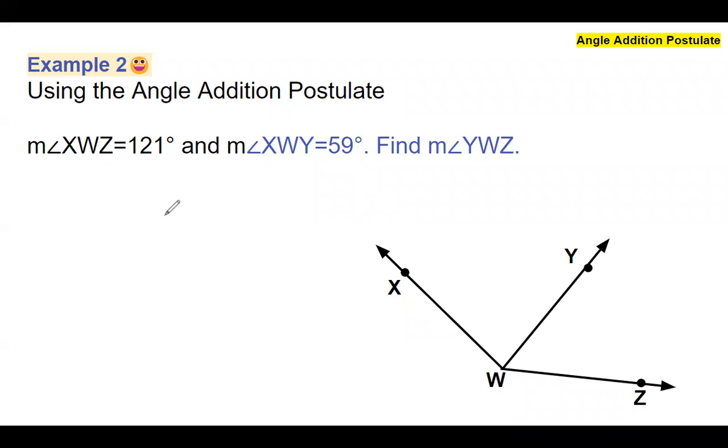XYZ. So let's see, X, Y, and Z. That's my entire beautiful angle. That's equal to 121. Now, if it's the entire angle, whenever we write our beautiful angle addition postulate, that information will be written on the right side. So let's write that out. So measurement of our beautiful angle XWZ. Perfect. Brian, pass it out.